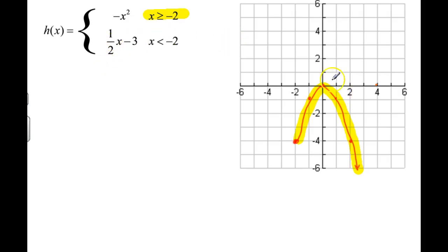Let's graph the next half. So this would be y-intercept of negative 3. Slope is 1/2. That's up 1 over 2. Up 1 over 2. Up 1 over 2. Go ahead and make your line. Oh, I don't need that whole line though, do I? Right? I only want that line when it's smaller than negative 2. I want this part.